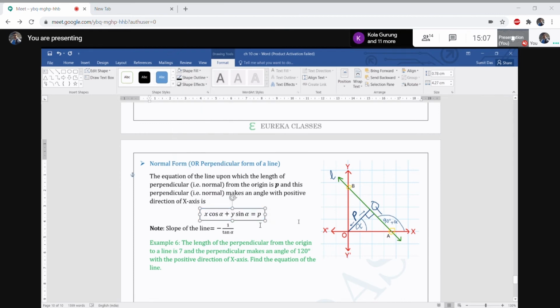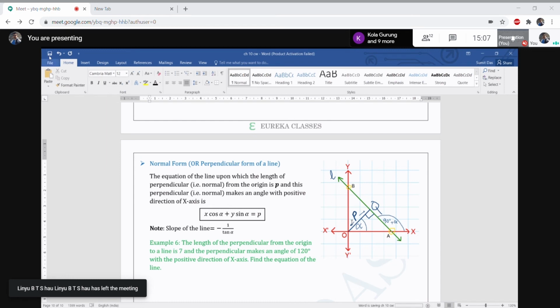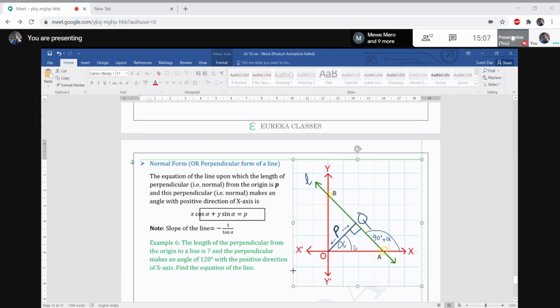If it is done, I just want to make sure of one thing. What will be the slope of this line L? We don't know how much the angle is. Slope means the tangent of the inclination of the line. First find out the inclination of the line.